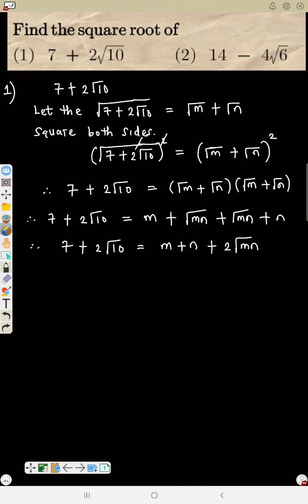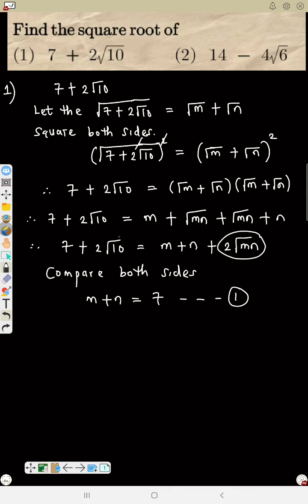So from here we'll compare both sides. That means the one without roots will be equal to the one without roots. So m plus n will be equal to 7. We'll call that one equation 1.